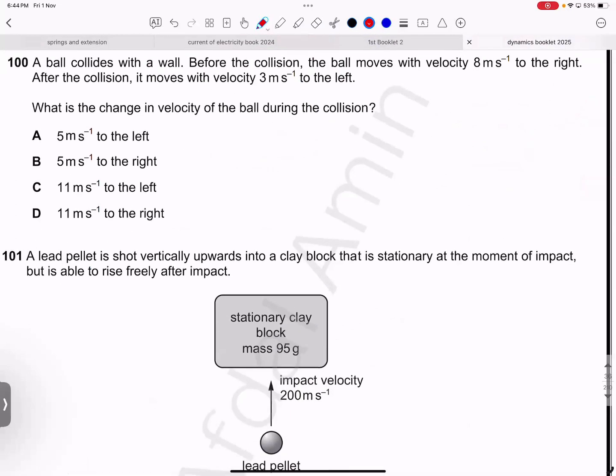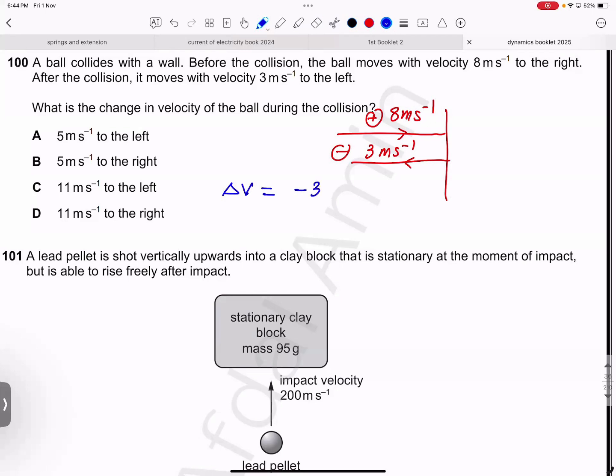Question number 100. A ball collides with the wall. Before the collision, it moves with a velocity of 8 meters per second, again to the right. After collision, to the left. This question, again, you can solve in the same idea, in a twinkle of an eye. So you want the change in velocity, delta V. Now I told you change is always final minus initial.